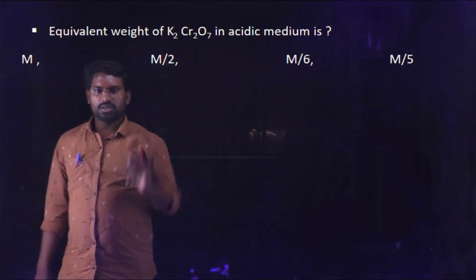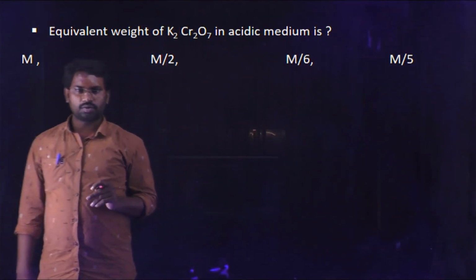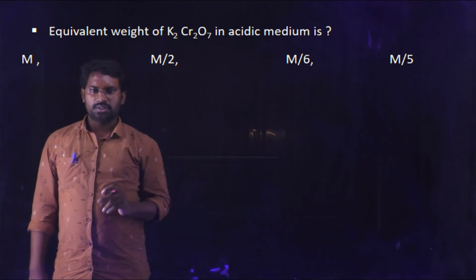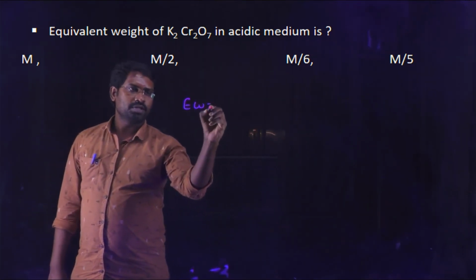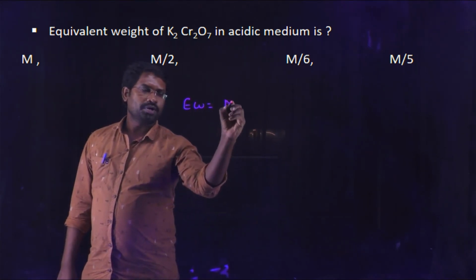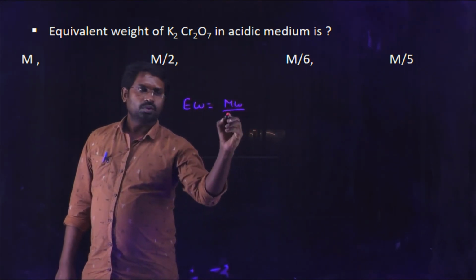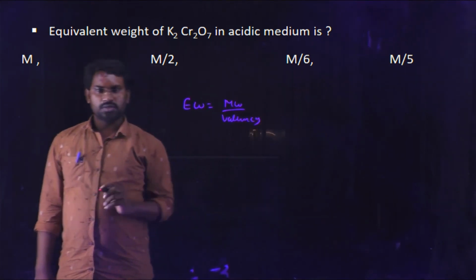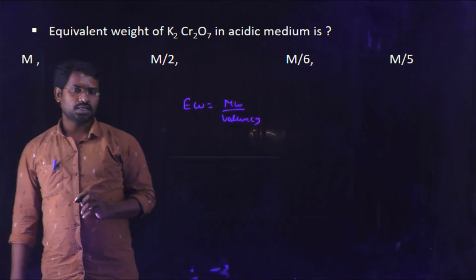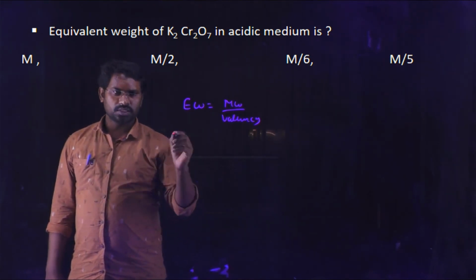The final question: the equivalent weight of potassium dichromate in acidic medium is? What is the formula for equivalent weight? Equivalent weight is equal to the molecular weight of that compound divided by the valency involved in that equation. Potassium dichromate acts as a good oxidizing agent in acidic medium.